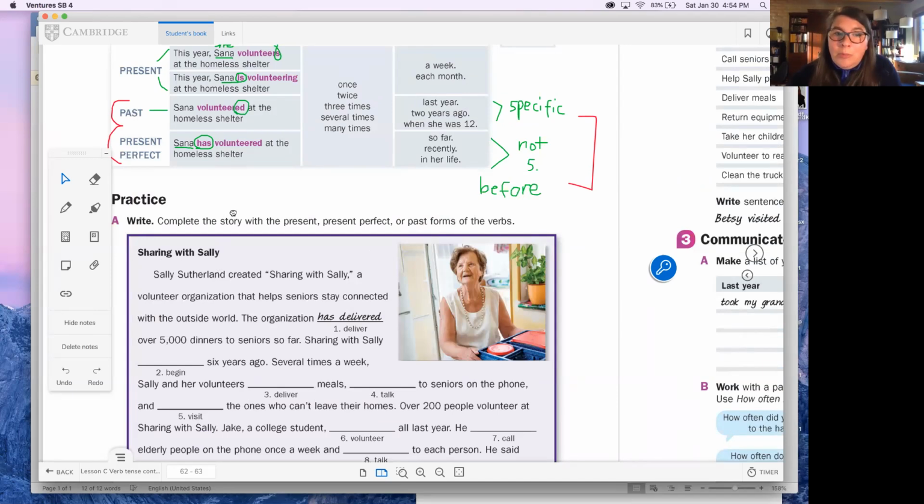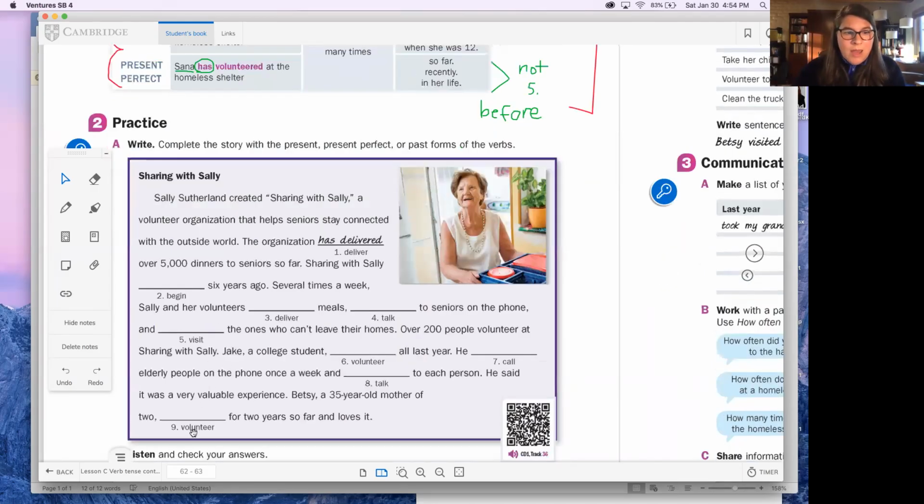There's a lot to help you determine what it is. So take out your notebook or piece of paper, write 1 through 9, and see if you can complete the story about Sally, okay? Stop the video, and I'll show you the answers in a moment.